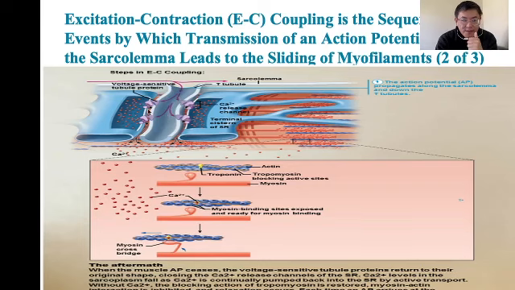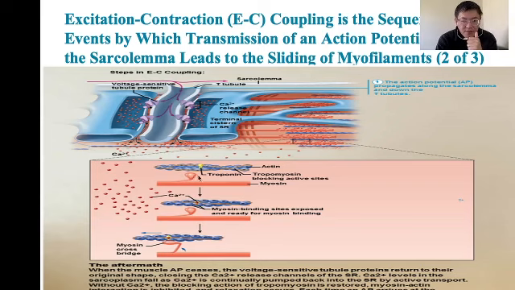So guess what? There are some calcium channel receptors located in both the terminal cisternae and the T tubule. These proteins can be activated by this action potential. They will release the calcium ions stored in the sarcoplasmic reticulum to the cytosol of the muscle fiber.